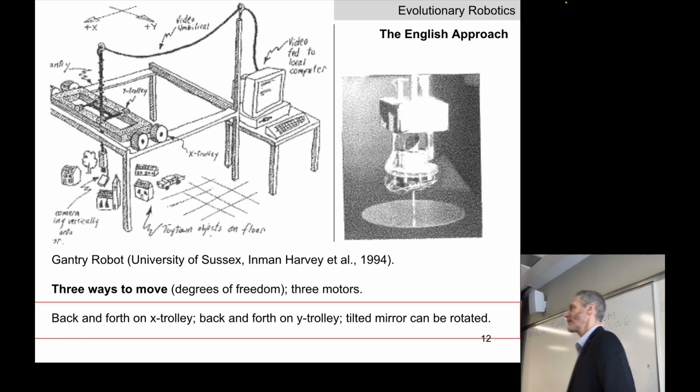Any idea what it is? I could be wrong, but it seems like you don't really have to worry about the robot falling over or getting stuck or anything like that, because it's on this trolley, and I can't see any way it would tip over. Exactly. It can't tip over. It can't fall over.